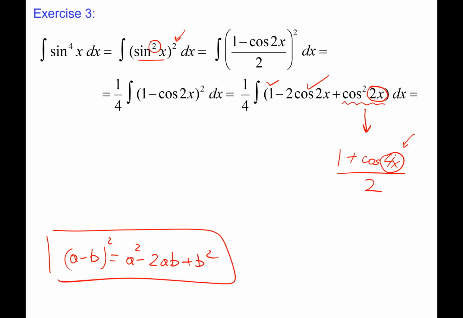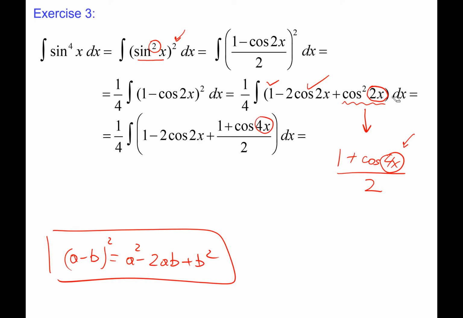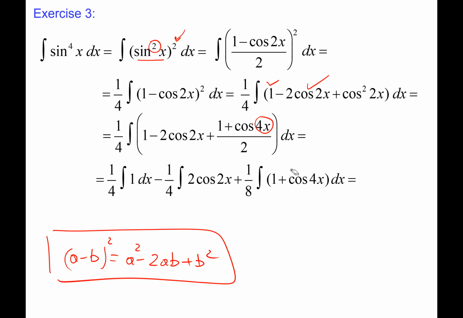Okay, that's the most difficult part. And yes, that's what we have. Now, because I wanted all of those steps to look clear, I split it into 3 integrals: the integral of 1, the integral of 2 cosine of 2x, and the integral of this, where I took 1/2 and 1/4, which results in 1/8.